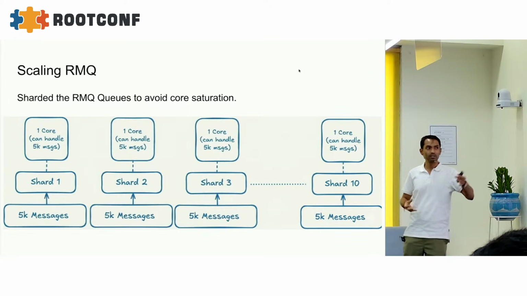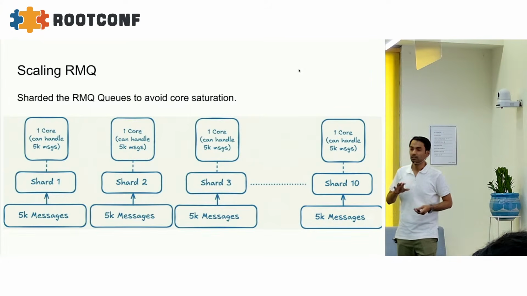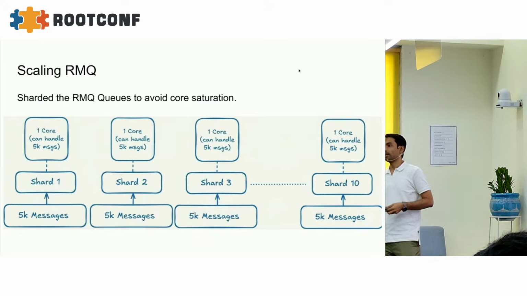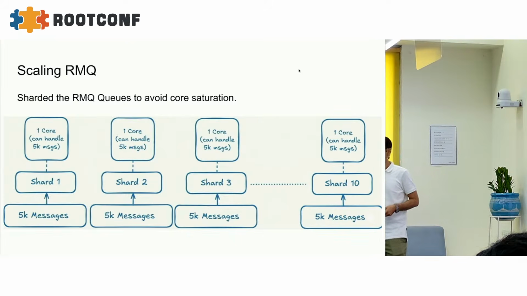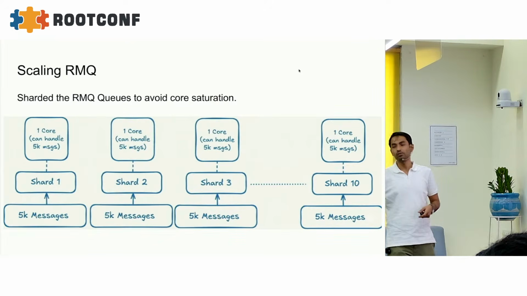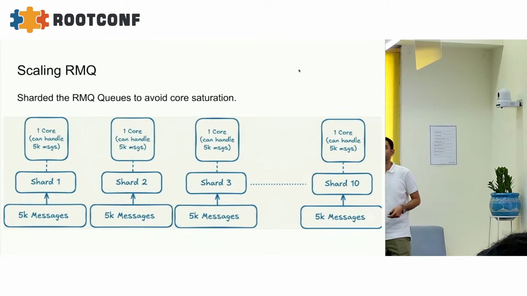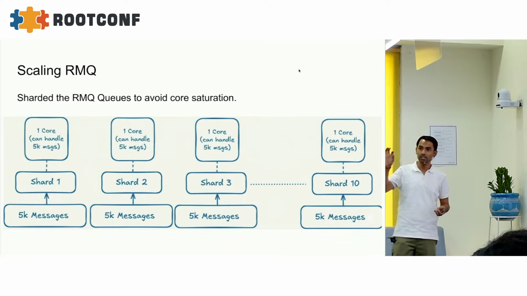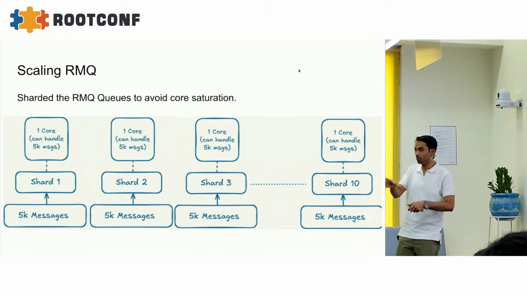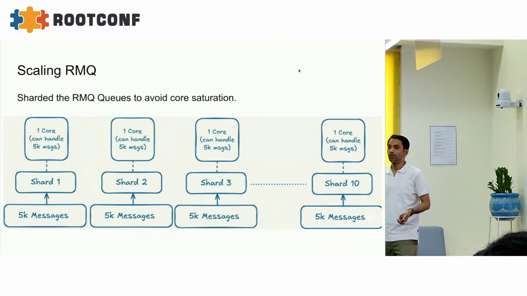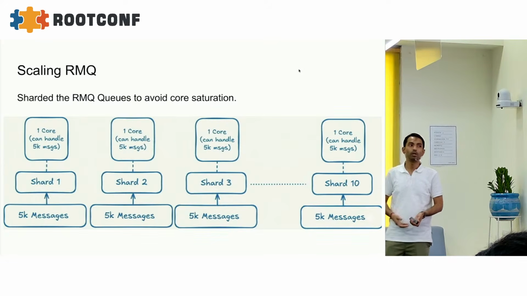After 10K RPS, we were not able to get much more because the queue saturates. If you look at top and figure out the CPU utilization, only one core is at 100%. The rest of the cores were empty. Why? Because that core was pinned to a queue, and since the core itself is saturated, even though the capacity is there, the RMQ is not able to scale.